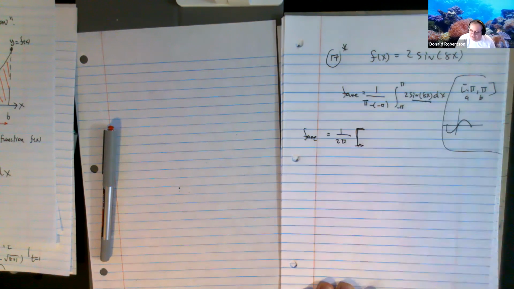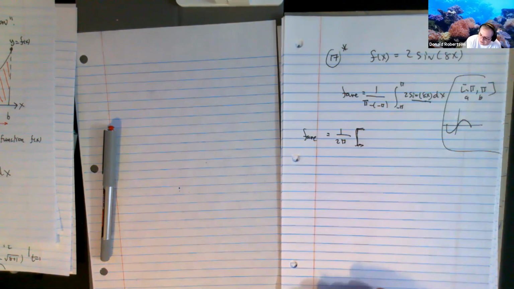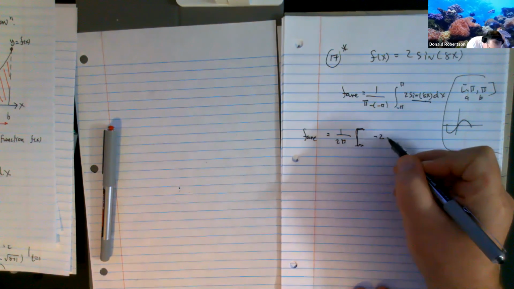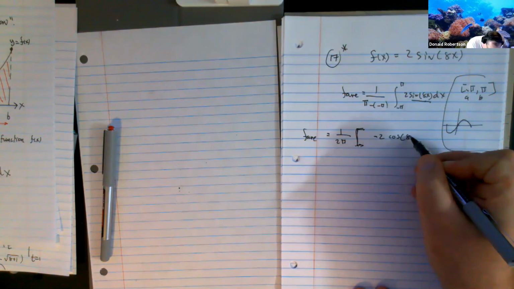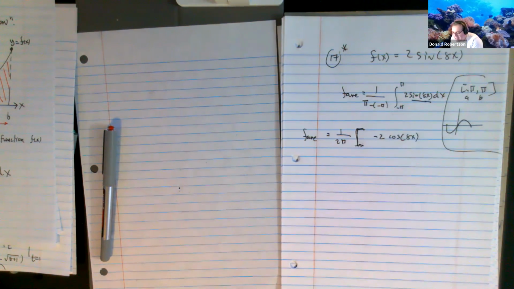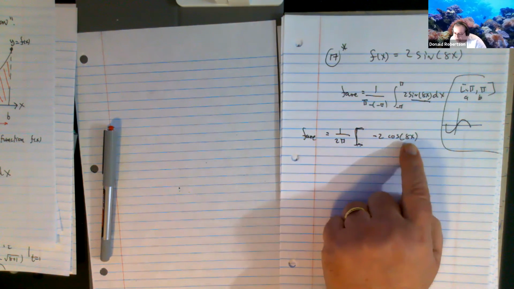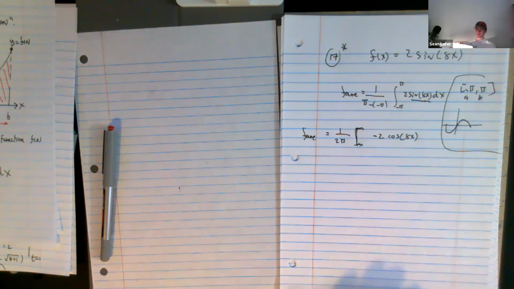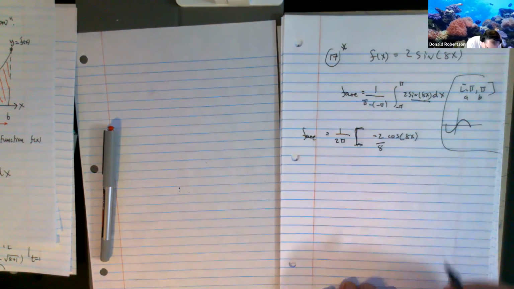If you integrate the sine of 8x, you will get negative the cosine of 8x. And what else will you get? Because this is called the linear shortcut method. What else do you get because of that 8? 1/8. You get 1/8, which I'm going to stick down there.